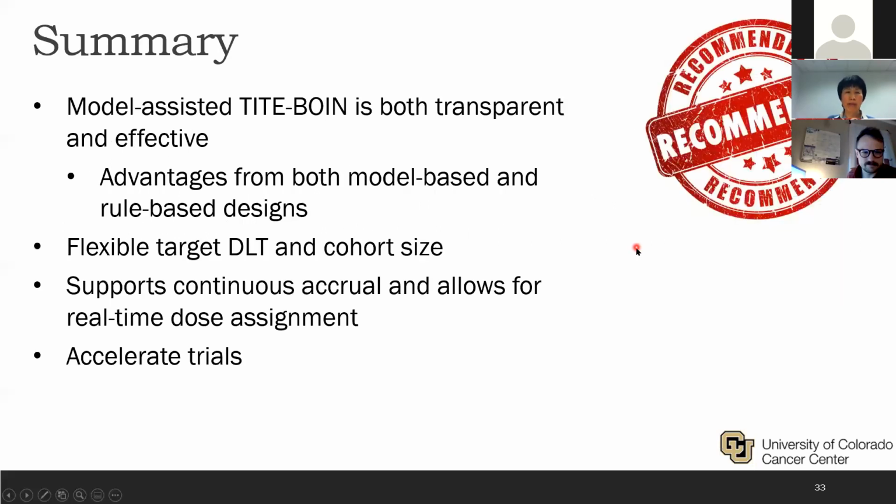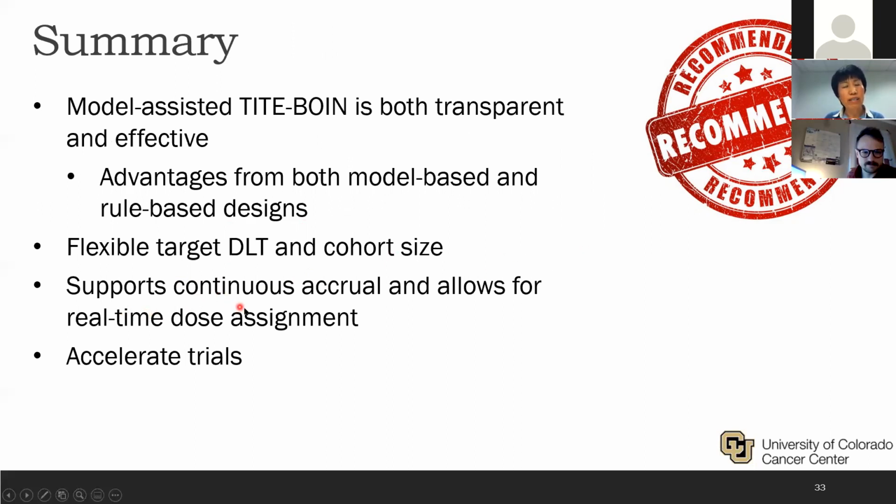So, summary. The model-assisted time-to-event BOIN design is both transparent and effective. It has advantages from both model-based and rule-based designs. It is flexible, allowing for targeting DLT rate and cohort size.